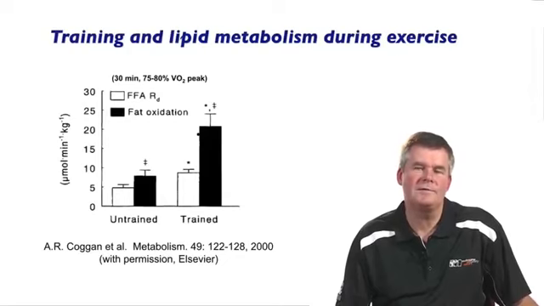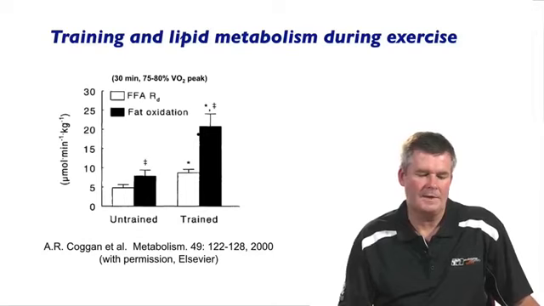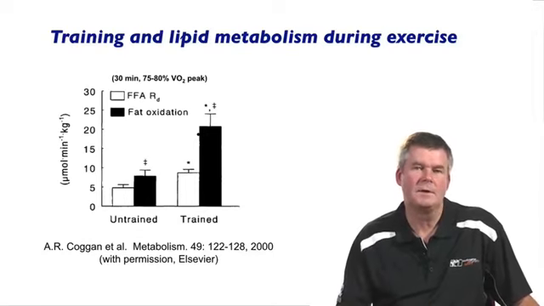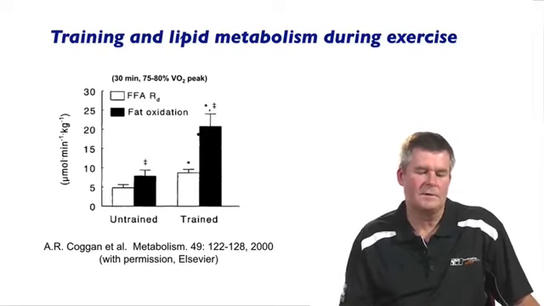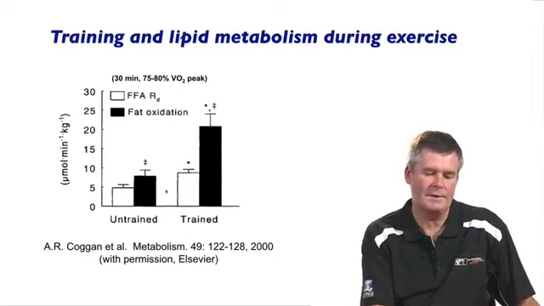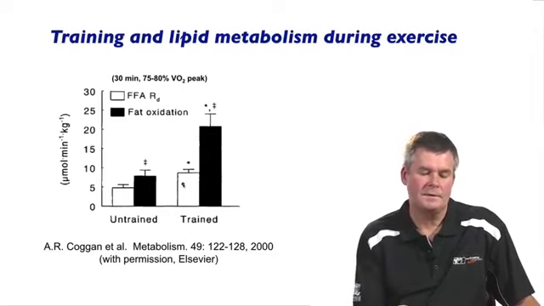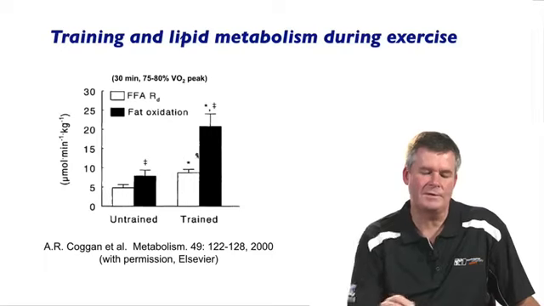In terms of training effects on fatty acid oxidation and intramuscular triglyceride use, just as we saw a reduction in the reliance on carbohydrate metabolism after training, we see an increase in the reliance on fat. And so what we have here is the rate of fatty acid uptake in the open bars and the increase in fat oxidation.